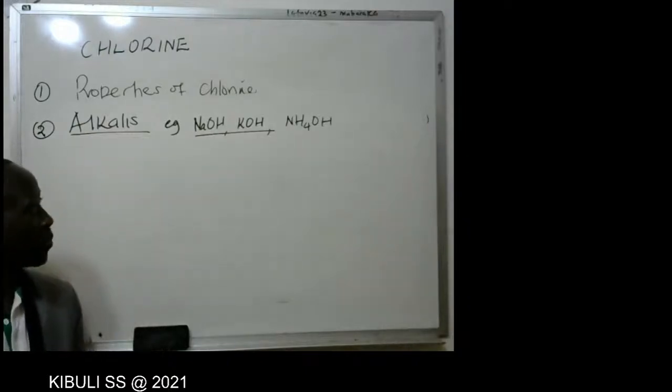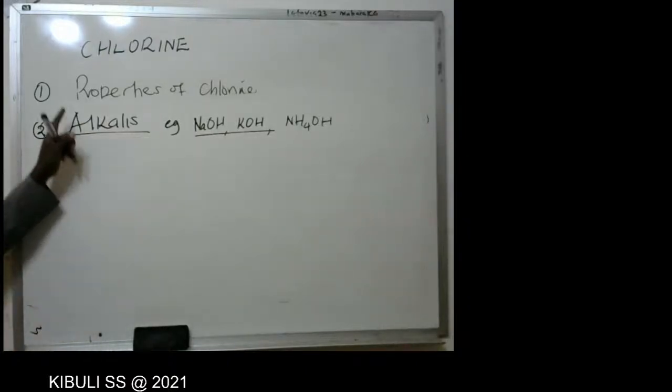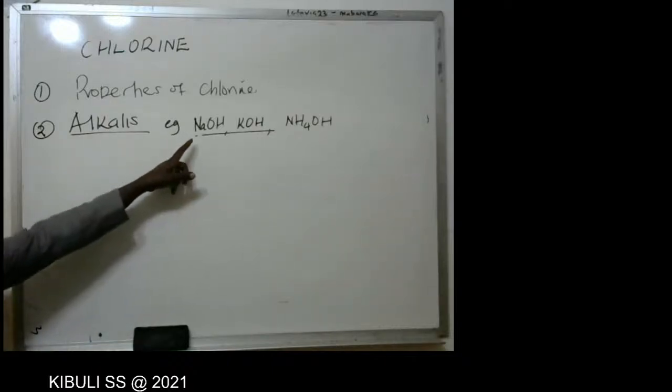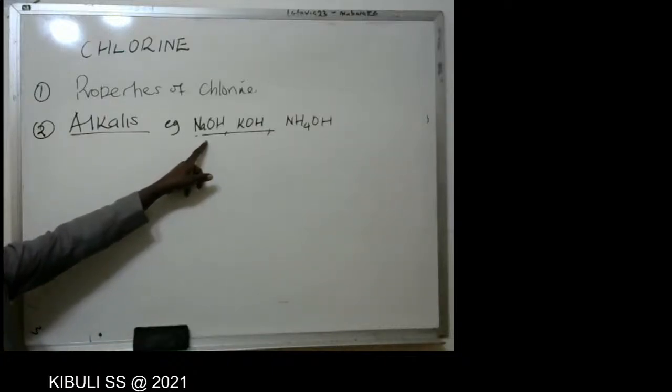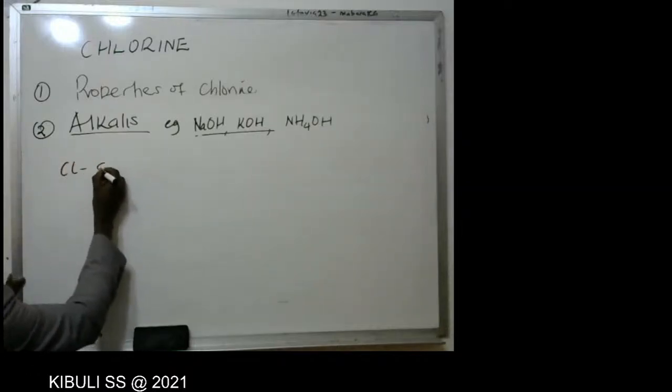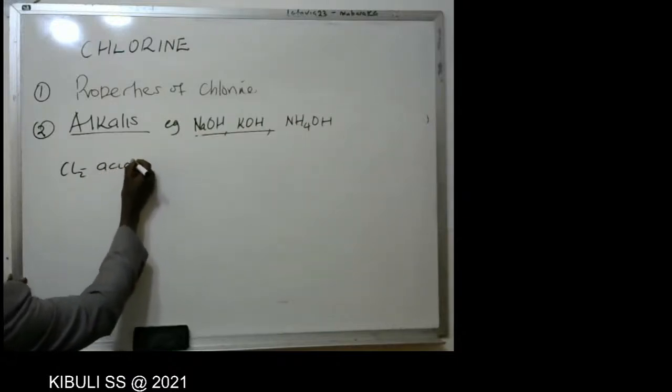Those are the two. So can chlorine react with those two? Is it possible? Yes. Why yes? It is possible because this is a base and chlorine is an acidic gas. So I expect a reaction. I want to remind you that chlorine is acidic.